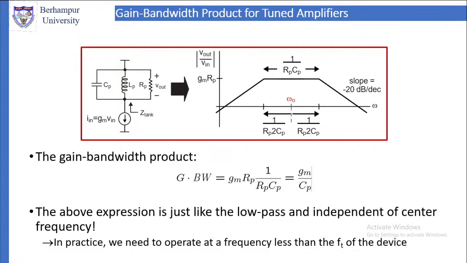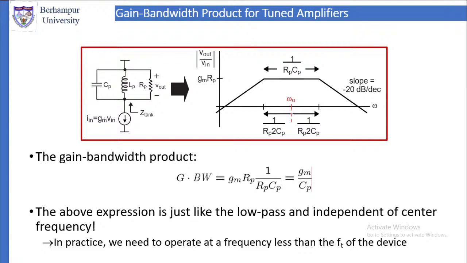So we were discussing the narrowband amplifier, or tuned amplifier. The RLC equivalent circuit of the tuned amplifier is shown on the left side. If you look at the figure, the left side shows the equivalent circuit. It is a parallel RLC circuit.